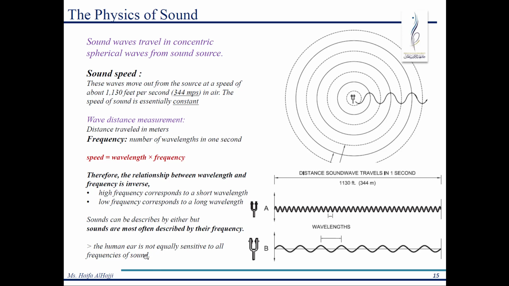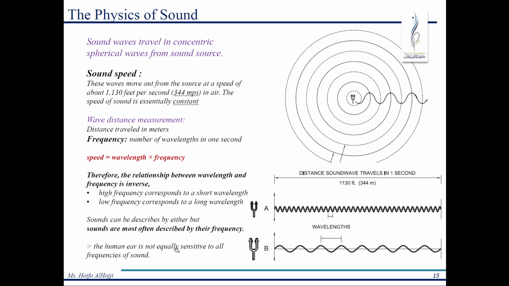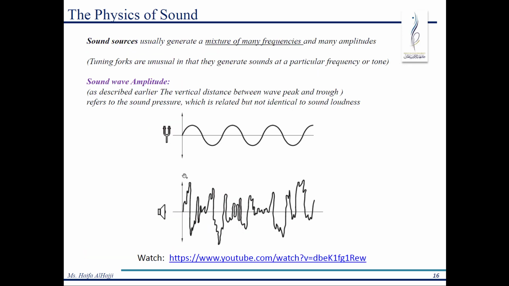As I said earlier, the human ear is not equally sensitive to all frequencies of sound, so we have to take note of this as well. Let's have a look at the sound sources and how this information helps us. In our speech we have vowels and consonants. Usually we hear the vowels at a lower loudness and the consonants at a higher loudness.